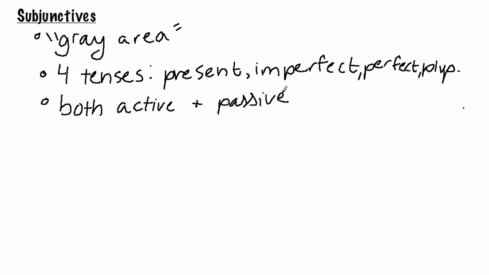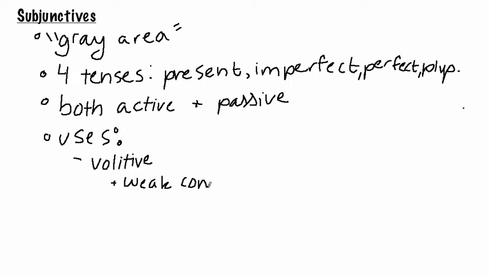So the subjunctive has a variety of uses, and I'm going to go ahead and list some of them right now. But I'm sure you'll encounter a lot more when you study Latin more. Let's see, uses, and it's used for the volitive. Let me write that down. And basically what the volitive is, it's a weak form of a command. Weak command.